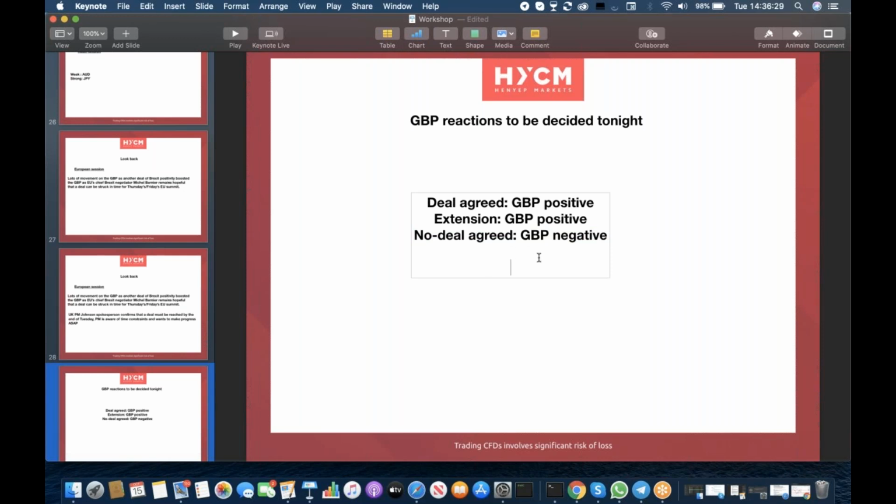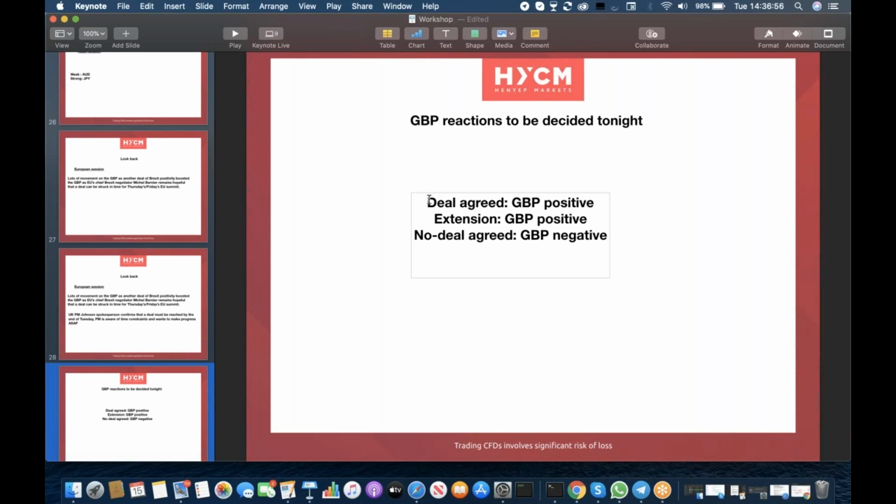Now, there are nuances to this. So you might get no deal agreed, but an extension to talk about it more. Okay, and that's a little bit harder to call at this stage. Obviously an extension is generally positive, so that scenario I'd expect to be positive. But you just have to be aware that there could be some nuances to what happens, and that's going to alter this outlook.